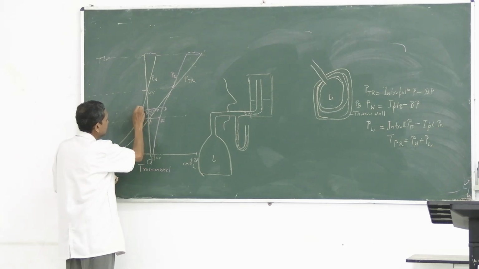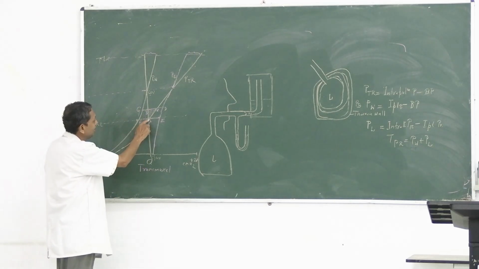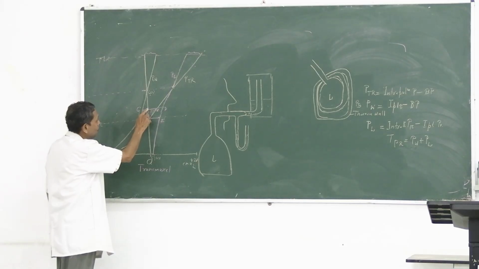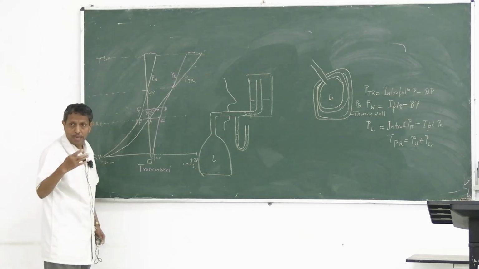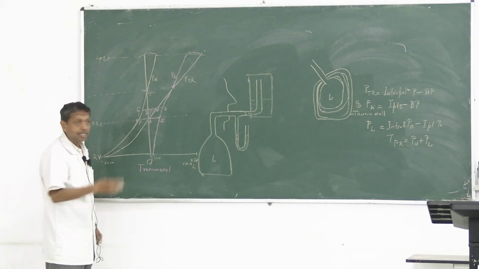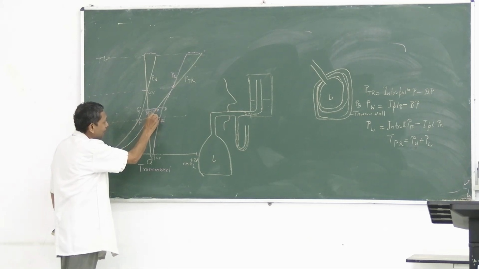E, F, G, that is the area of A, B, G, F, A. This work or energy is lost by the thorax and that is gained by the lungs. This area is equal to this area, A, E, D, C, A.